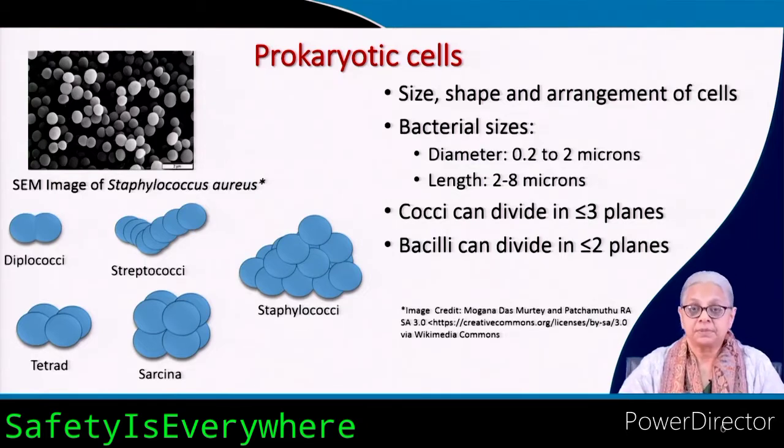Let's come to their shapes and sizes. So here we have a huge bunch of prokaryotic cells. As I already mentioned quite a few times, bacteria are the most biodiverse organisms that are known, and part of it is because they are so small. So that is also part of the cellular advantage.